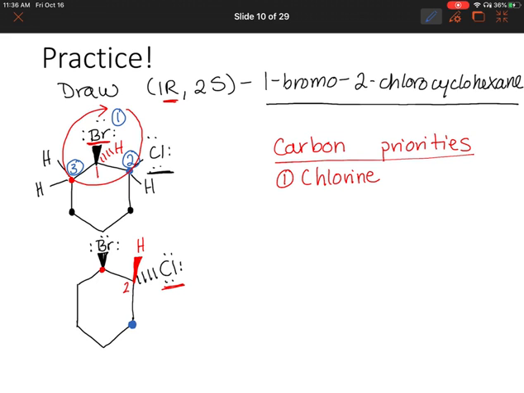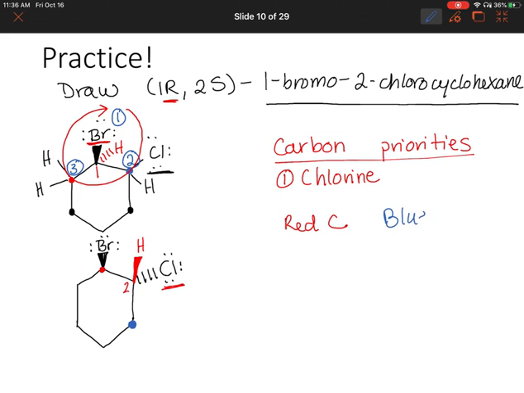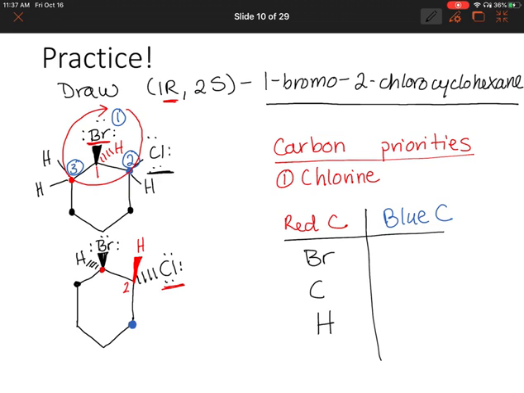And then we're going to compare the red carbon to the blue carbon again. Okay, so what is the red carbon bonded to? Well, it's bonded to another carbon. It's bonded to bromine up above, and then a hydrogen that's hiding back there. So we have bromine, carbon, and hydrogen.